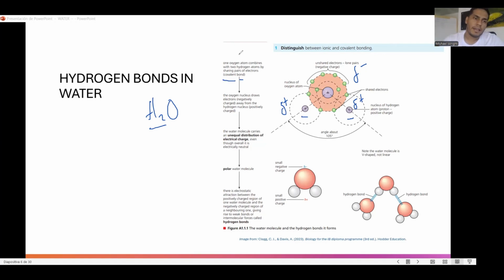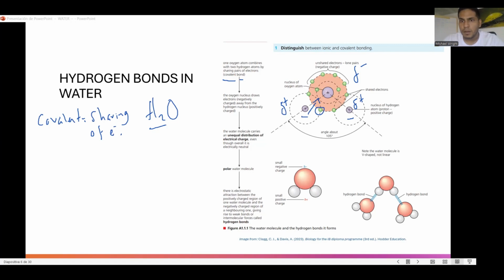So when you share electrons, you talk about covalency. That is a covalent interaction, right? Is sharing of electrons. The oxygen nucleus draws negatively charged electrons away from the positively charged hydrogen nucleus. So there is going to be an attractive force here, and the electrons that were contained by the hydrogen are going to be attracted towards the oxygen.